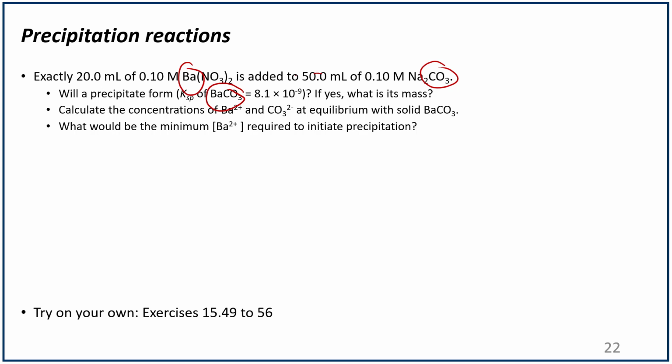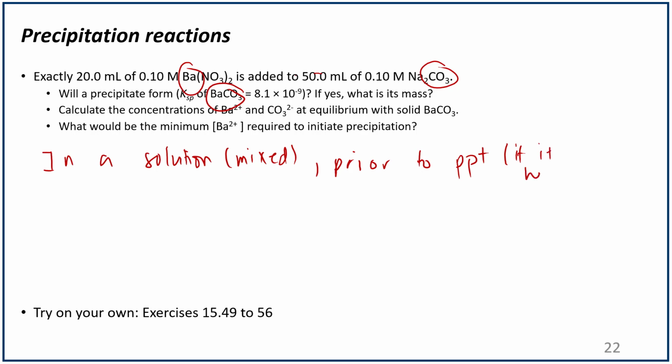So let's first calculate the concentration of barium and carbonate in the mixed solution, prior to precipitation, if it happens. Just a disclaimer, we don't know that yet.